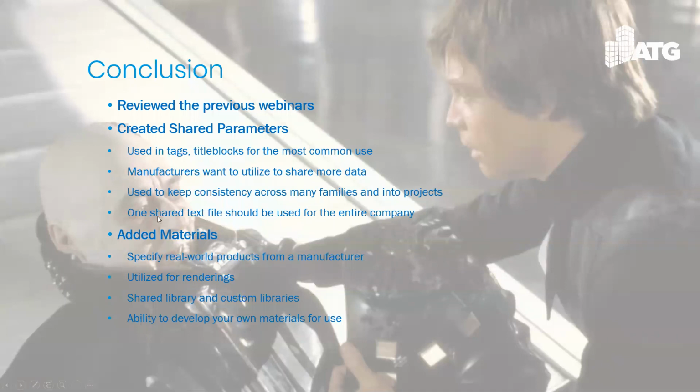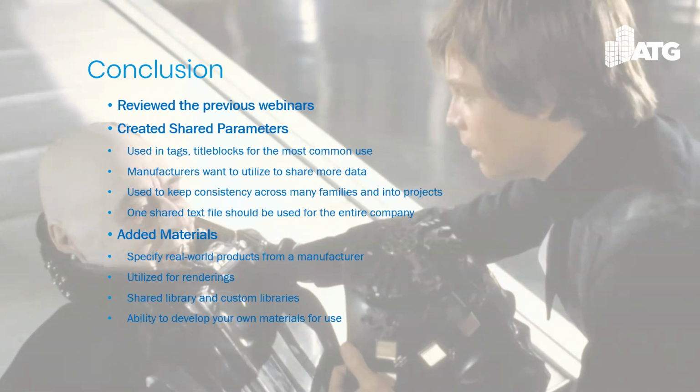Also, having one shared text file should be used for the entire company. Again, don't create a shared parameter file for each project that you create. You're creating a shared parameter file for your company for all the projects that you go in and create. And then again, adding some materials.